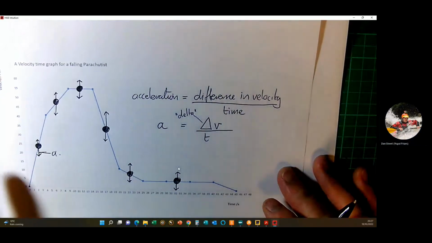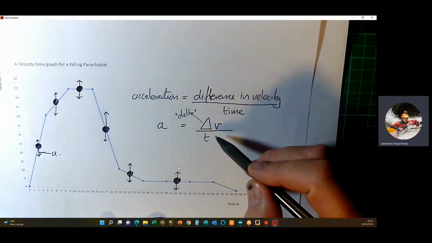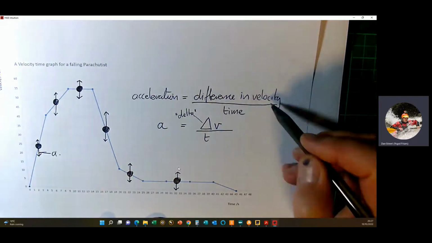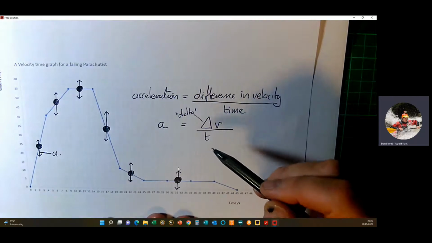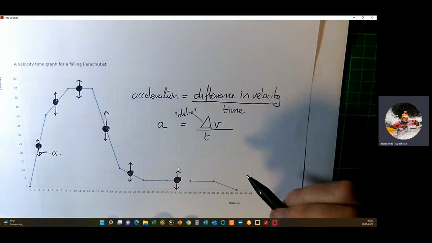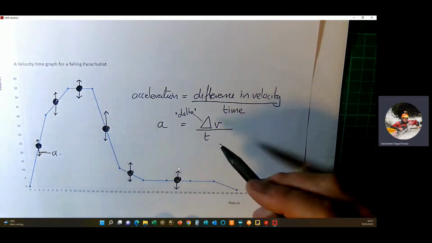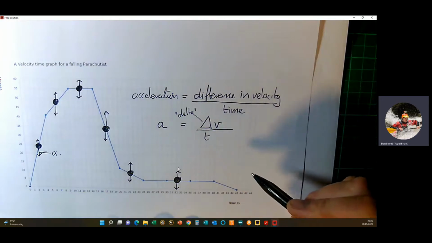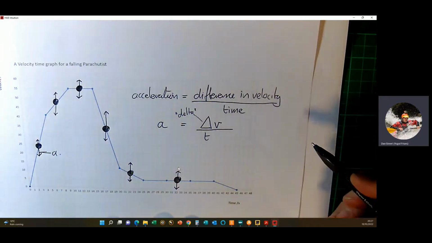Now, in many exam questions, the difference in the velocity you find out by looking at two velocities that are given to you, and very often the initial velocity, the start velocity, is 0. Okay, so if the start velocity is 0, then basically the change in velocity is simply the final velocity.